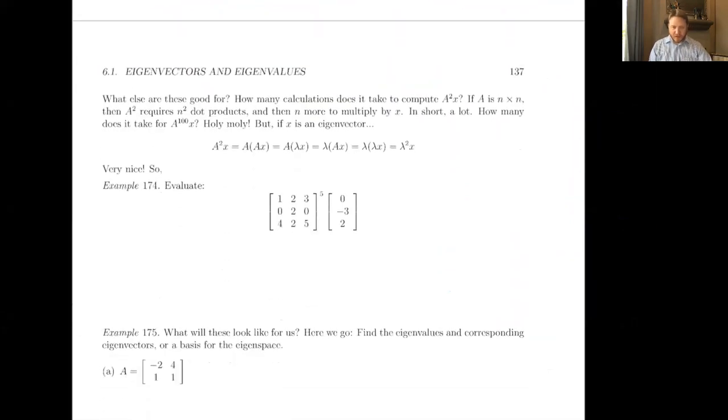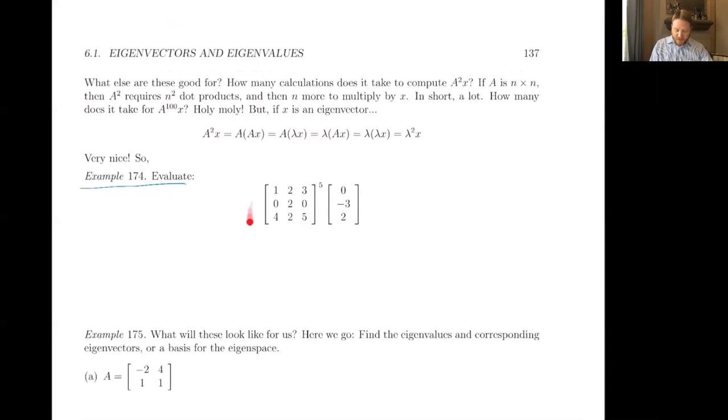All right, so let's talk about something cool that we can do with these. What if I wanted to do this example right here? What about this thing, 1, 2, 3, 0, 2, 0, 4, 2, 5 to the 5th times 0, -3, 2. Just appreciate what it would look like if you were having to do that by hand. This matrix times this matrix would give me 9 dot products to do, just for the matrix squared.